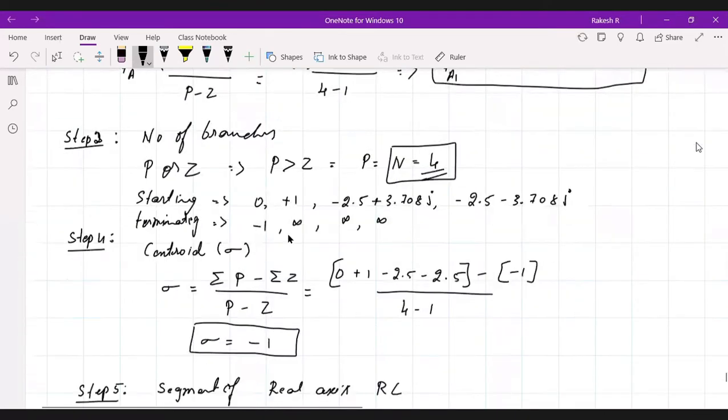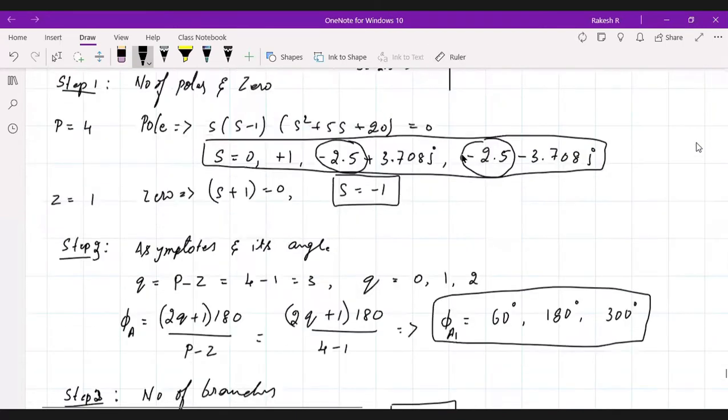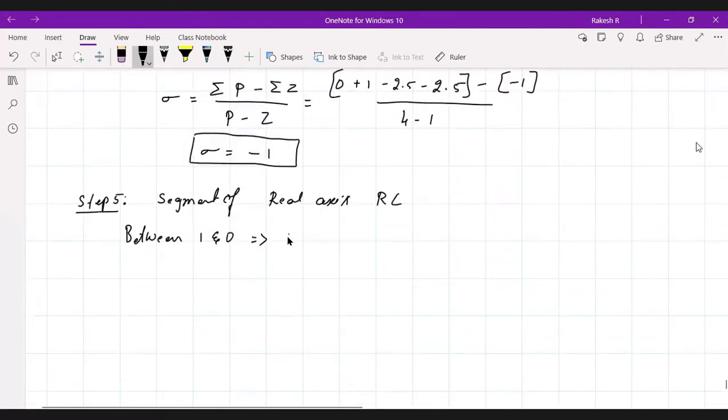We cover up the point and count towards the right. We have only one pole, that is s equals 1. So poles plus zeros towards the right is 1, which is odd. Hence the root locus exists.